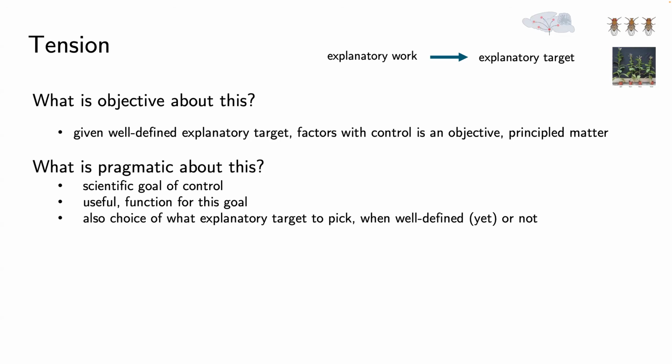I think another feature of biological explanation that doesn't fit in the objective category is the choice of what explanatory target a scientist picks in the first place. Part of what is interesting here is that you can specify these objective principled guidelines for what is included and excluded from the explanation, but that's only once you pick an explanatory target.